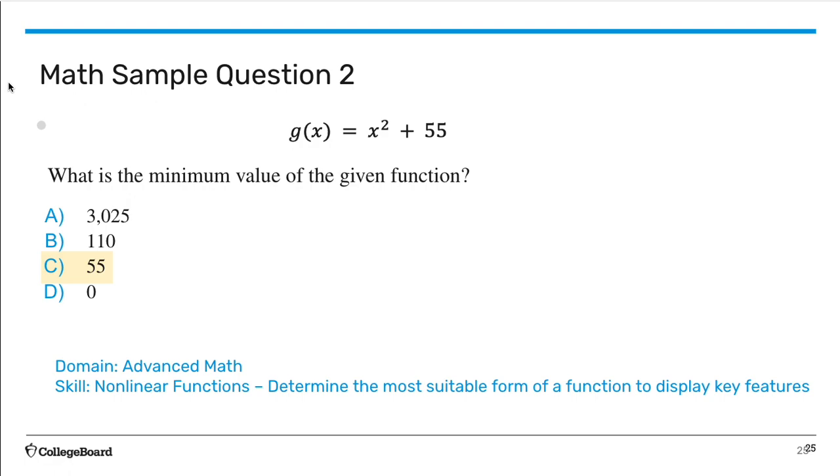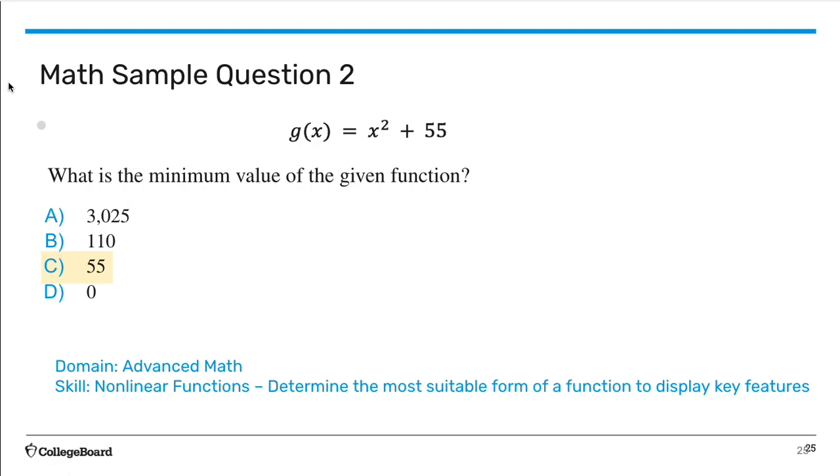The given quadratic function can be rewritten as g of x equals 1 times x minus 0 squared plus 55, where h is 0, k is 55, and therefore the minimum value of the given function is 55. If you have not covered quadratic functions yet and their standard form, then perhaps an easier way to solve this would be to graph this function and look at where the minimum value is.